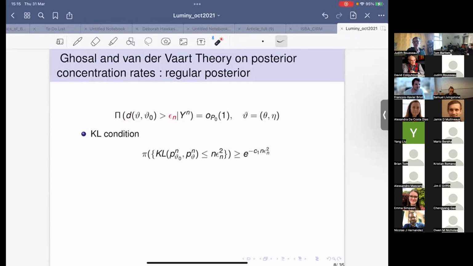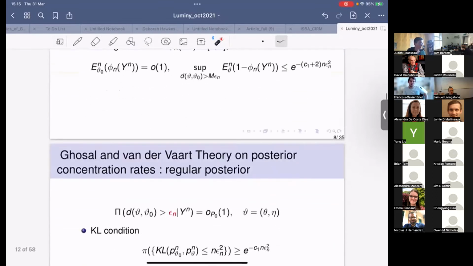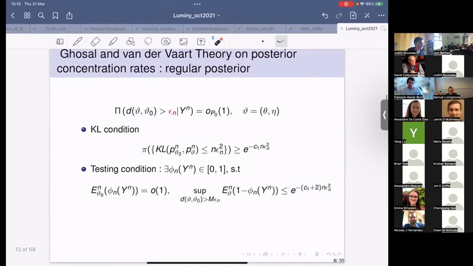Okay, good. There is now a very nice theory that has been developed by Ghosal and van der Vaart in the early 2000s to devise generic tools to obtain these posterior contraction rates. I'm just going to give it right away. Essentially you need to check two types of conditions. One is called the Kullback-Leibler condition.